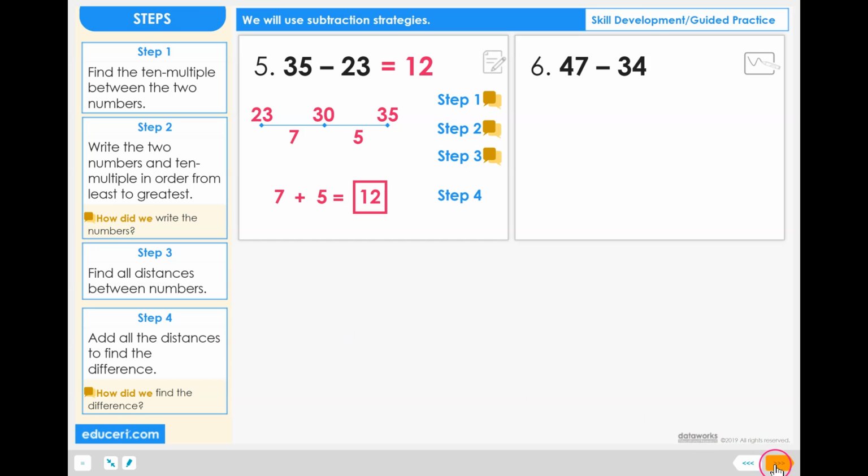Let's read the question for step number 4. Ready, read. How did we find the difference? So think about a summary of how we found the difference equals 12 in our 4 steps of the adding distances strategy.